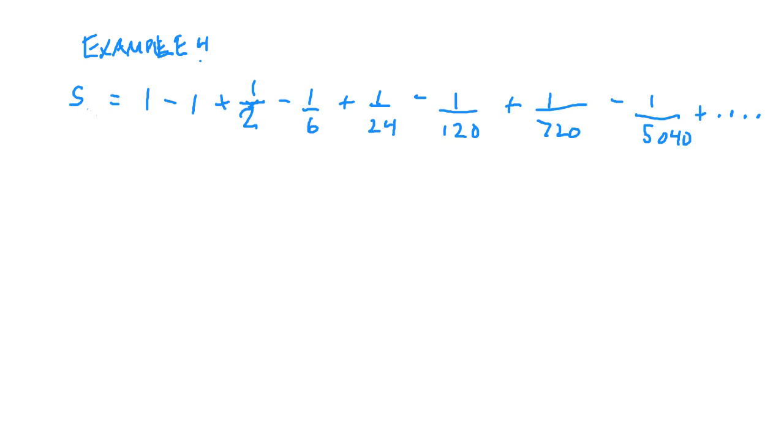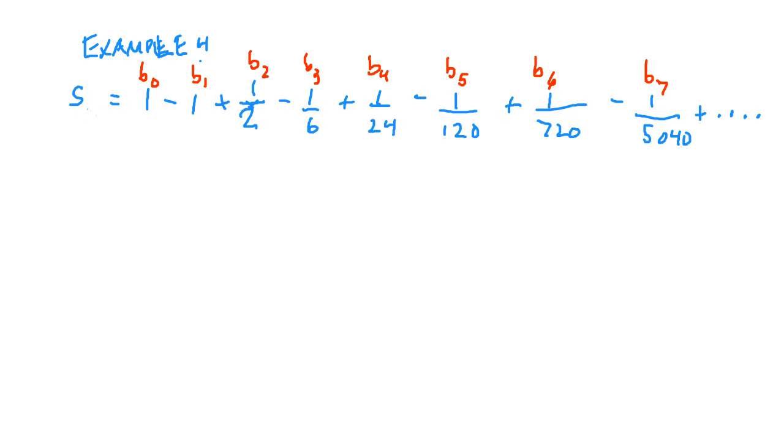Okay, so let's take a look here. Thank you for your patience. So this is b sub 0, this is b sub 1, b sub 2, b sub 3, b sub 4, b sub 5, b sub 6, and b sub 7.